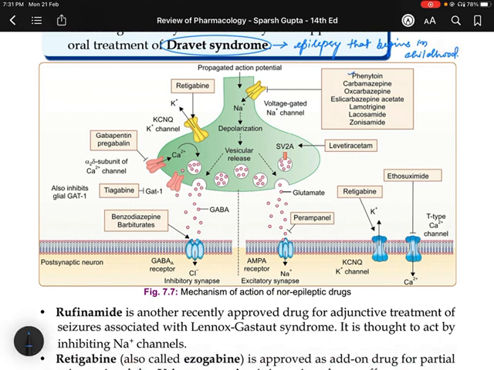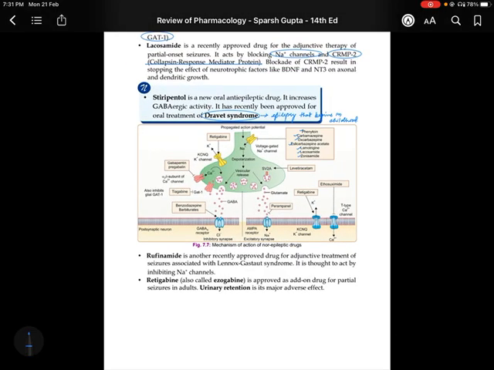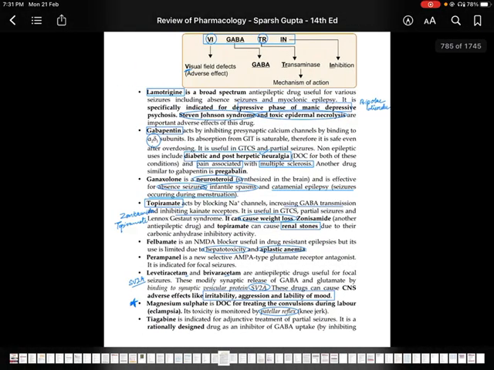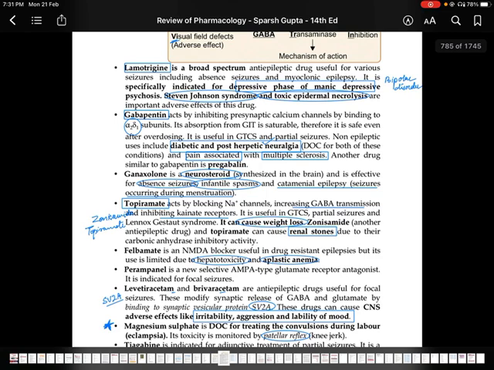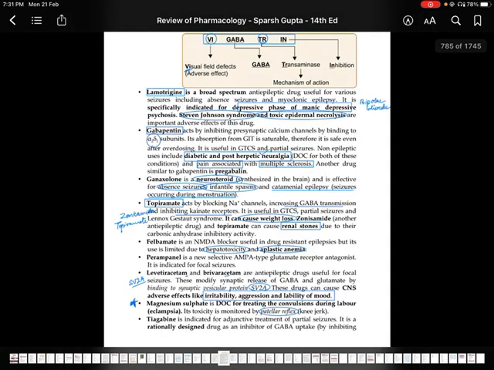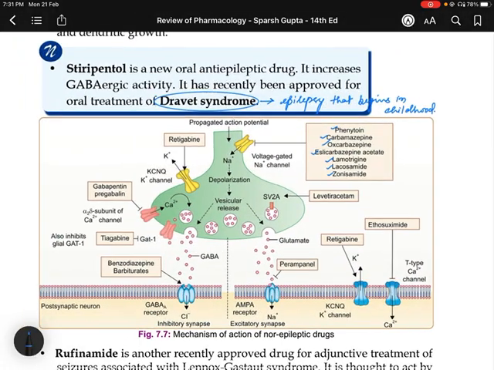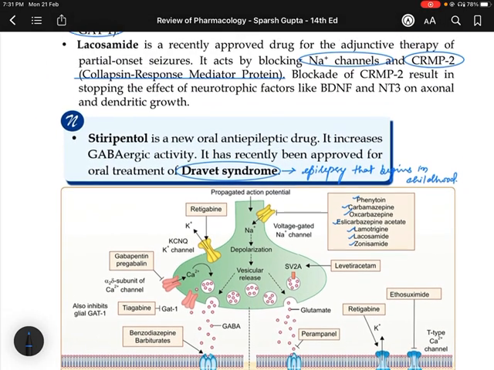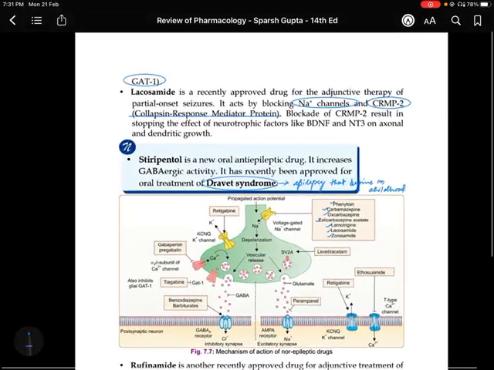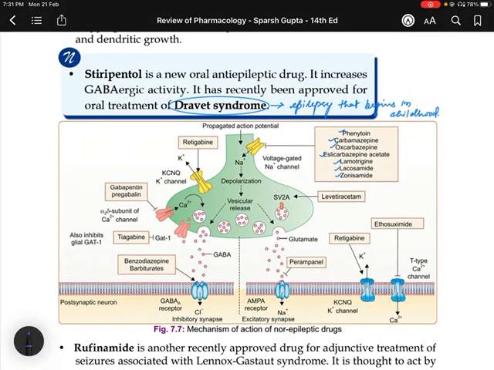It's phenytoin, carbamazepine, oxcarbazepine, eslicarbazepine acetate, lamotrigine, lacosamide and zonisamide. Zonisamide with topiramate caused renal stones. No, zonisamide, yeah.